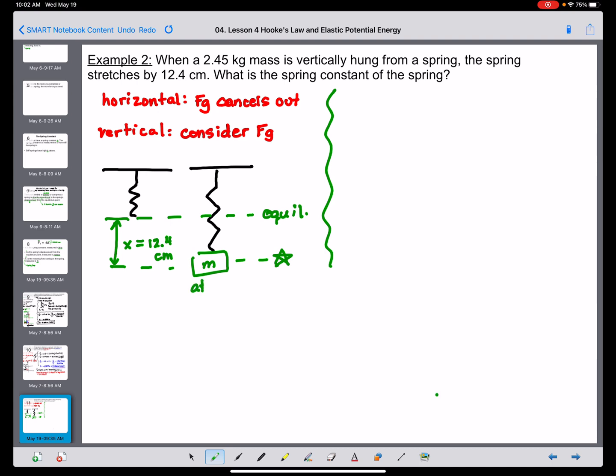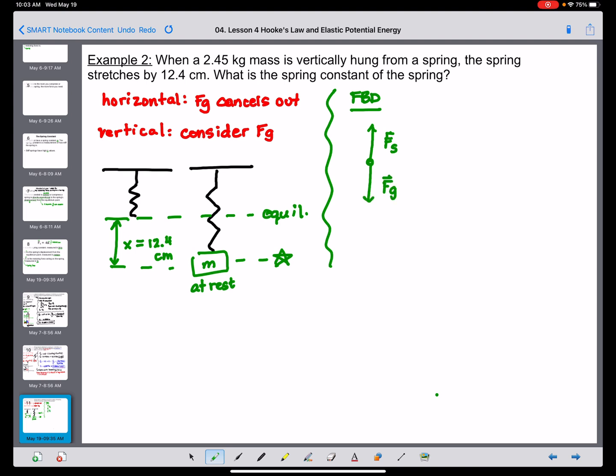So this right now is at rest. So the free body diagram there is going to be the spring force is actually what's holding the mass up, and then the force of gravity is pulling everything down.